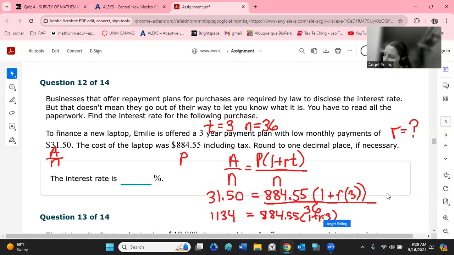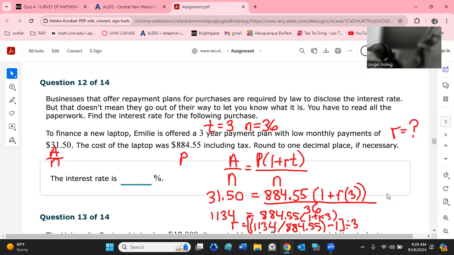And then I tried to remove everything from R. So R is 1134 divided by 884.55. So first I divided that off. Then I subtracted the 1 from both sides. And then I divided the quantity by 3. So I just stripped everything off of one side until I isolated R, which gave me this expression.